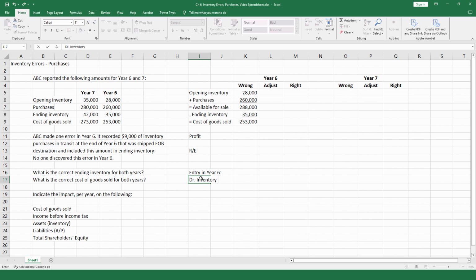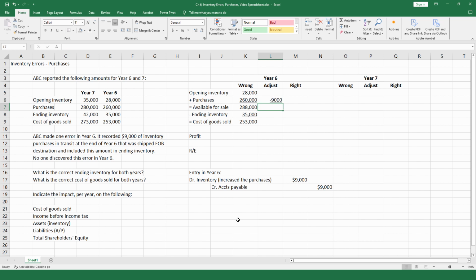Okay, it increased the purchases. And that was for $9,000. And they would have credited accounts payable for $9,000. So now, purchases were overstated by $9,000. To fix them, I have to subtract $9,000.